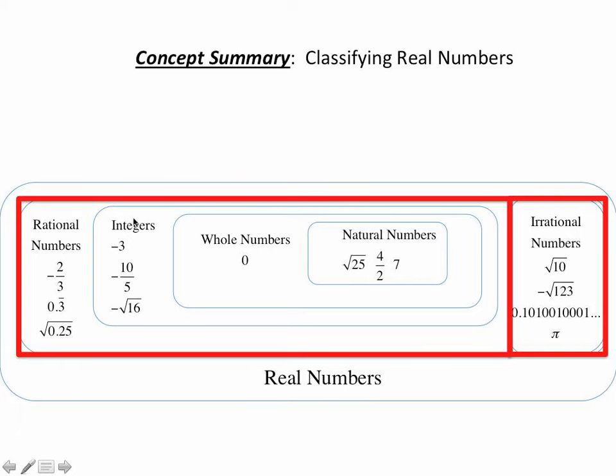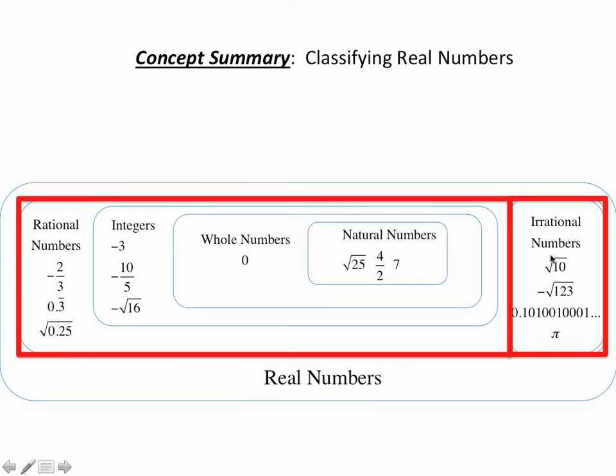Notice they're also a subset of the integers. Those are also a subset of this bigger box, rational numbers. And all of these are contained inside the real numbers. So between natural, whole, integer, rational, and real, all of those contain the 15.